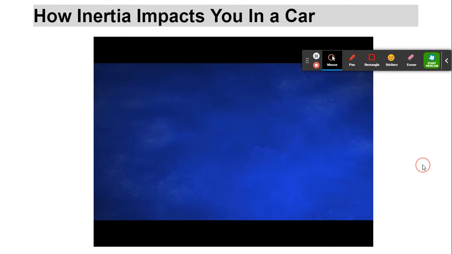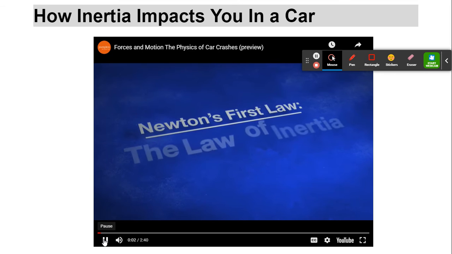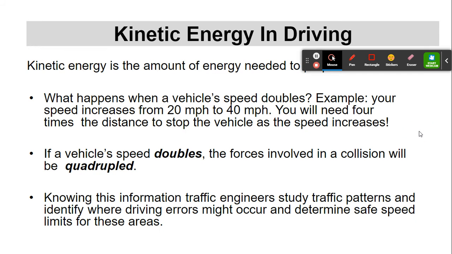Okay, so we can see that inertia wants to continue making us go forward, right? If we're in the vehicle, we will continue traveling at that speed until some other force is acted upon us. And we could see there the force that was acted upon those two occupants.